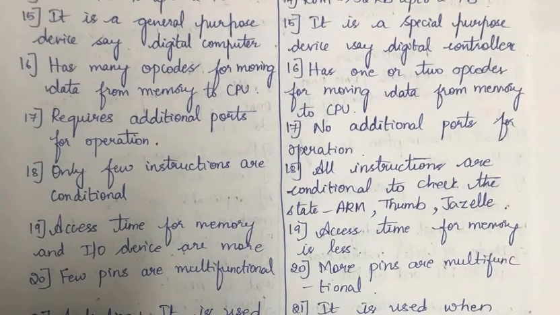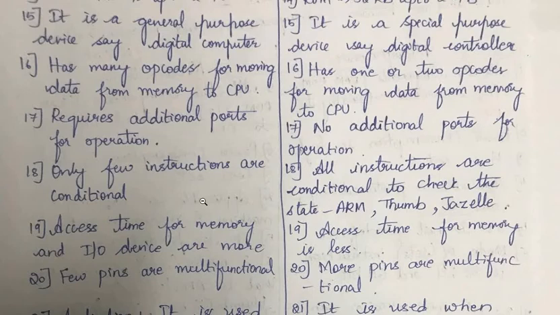In microprocessor, it requires additional ports for operation. Any operation you would like to do, you need some additional ports. Whereas in microcontroller, everything is inside the chip, so there are no additional ports for the operation.